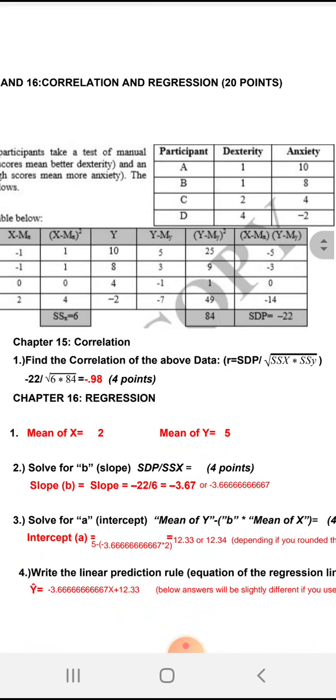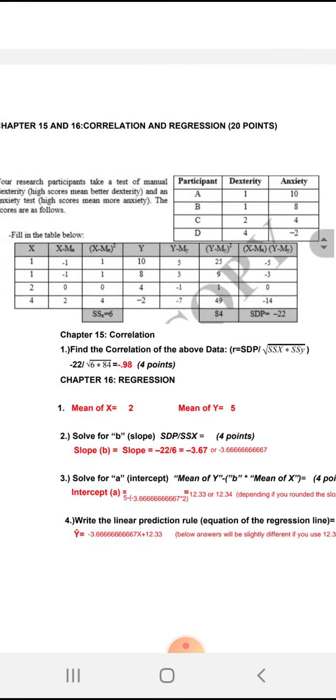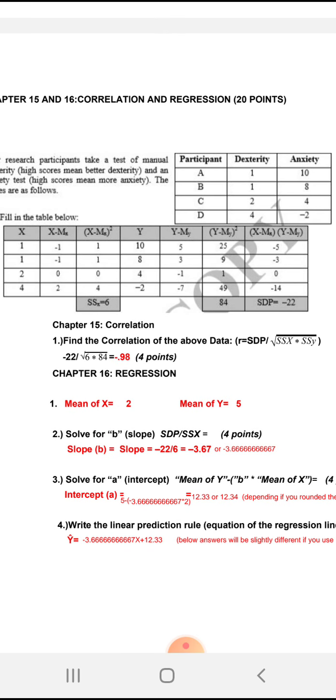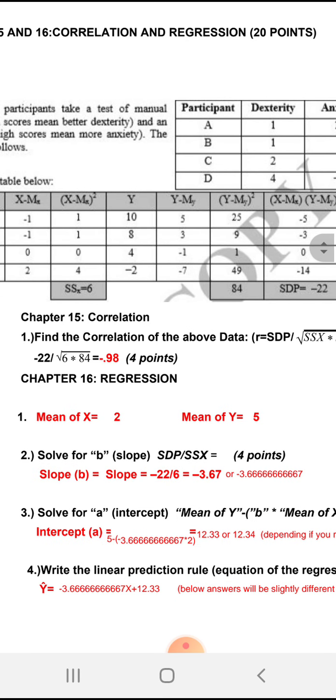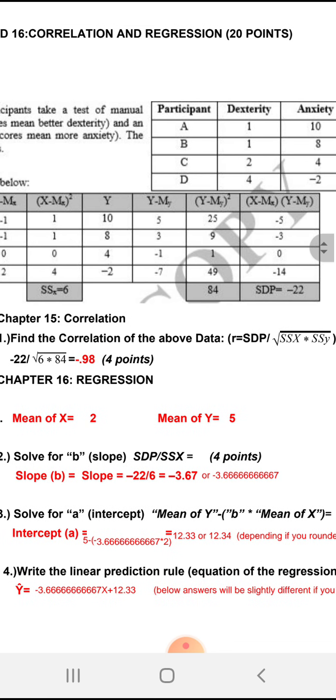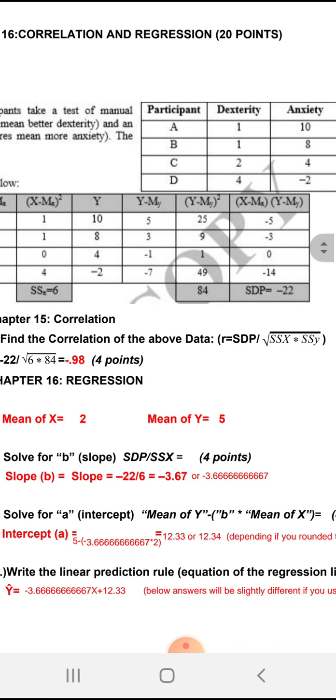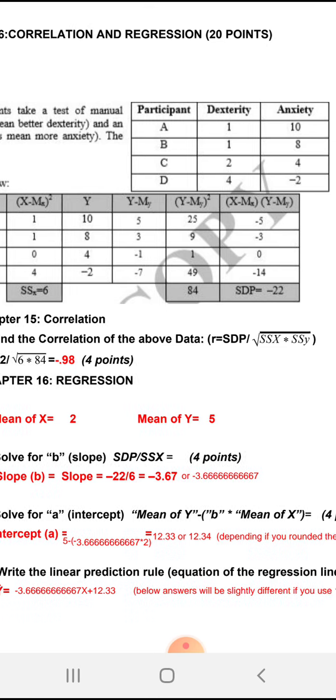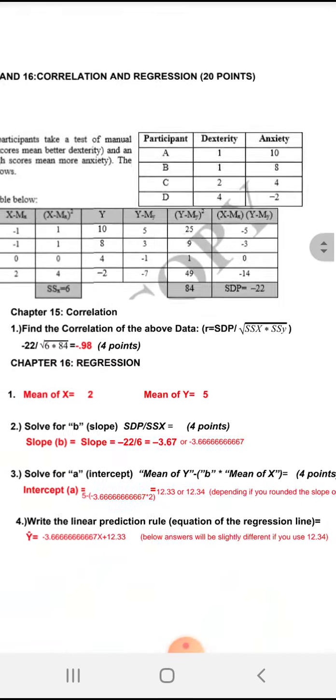Okay, so once you have this chart filled out, you can move along and do regression and correlation. For correlation, you're simply going to plug this data into the formula. R, which is notated as correlation, equals SDP divided by the square root of SSX times SSY.